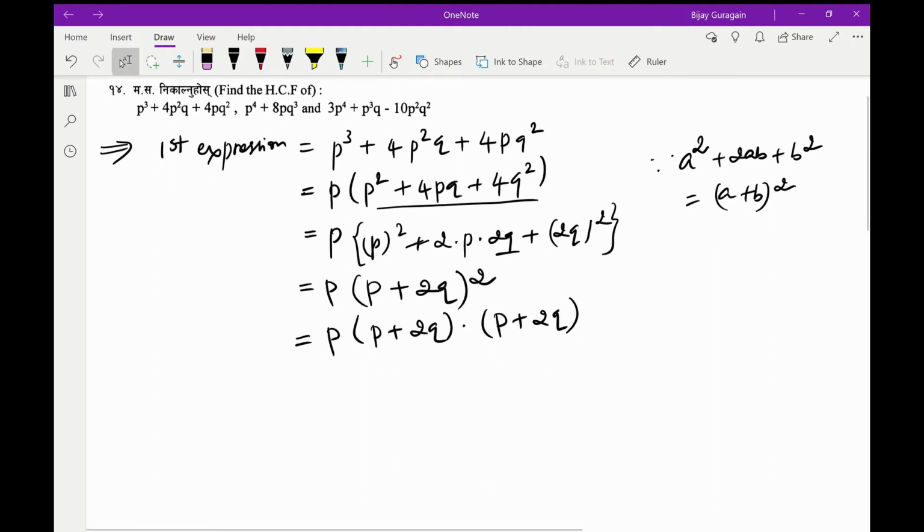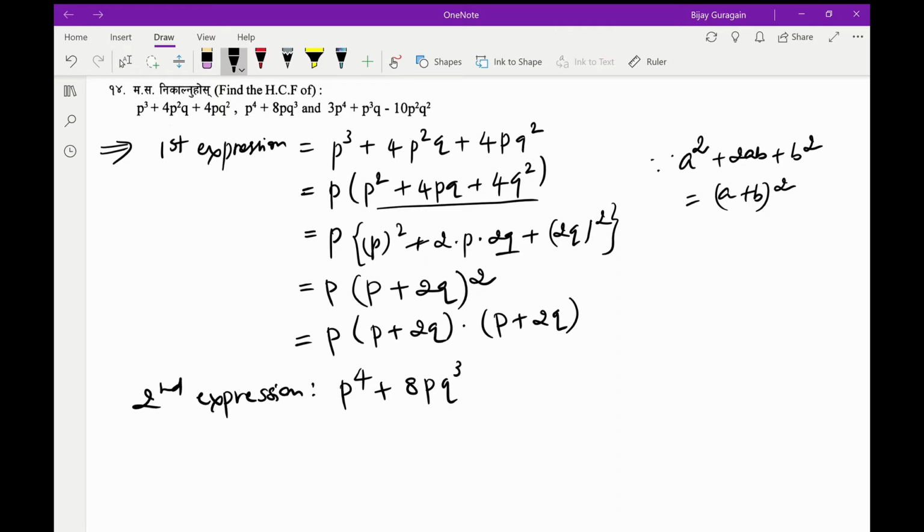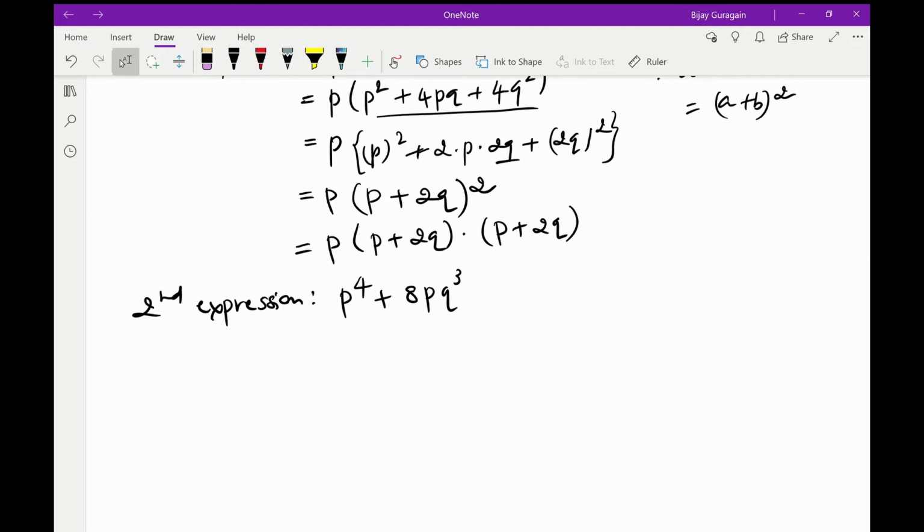Now let's factorize the second expression. Our second expression is p⁴ + 8pq³. Similarly, we can take p as common.